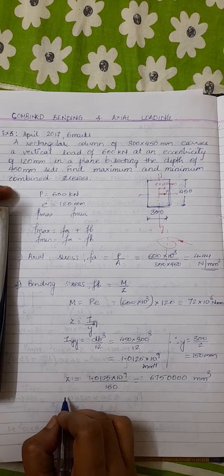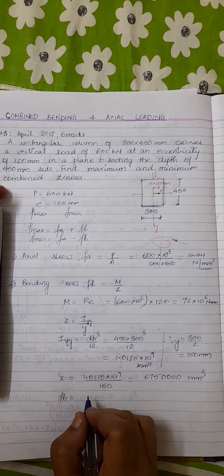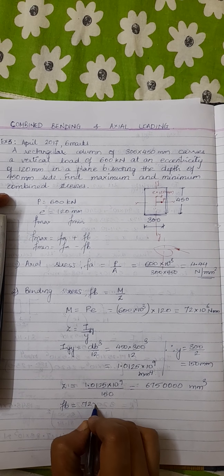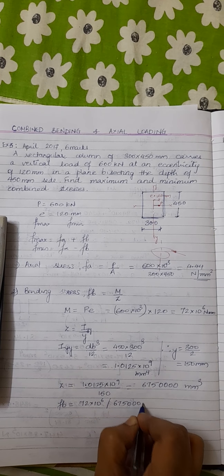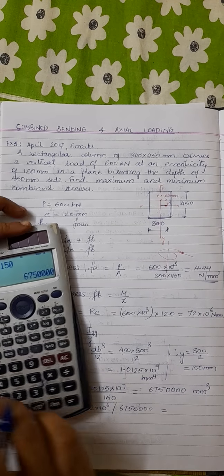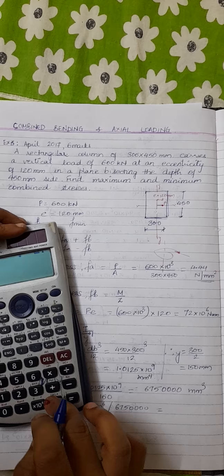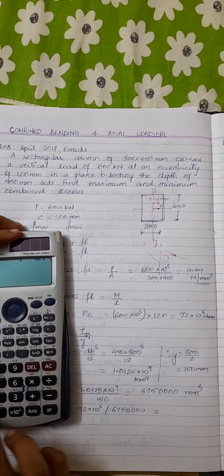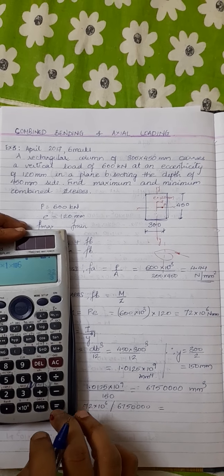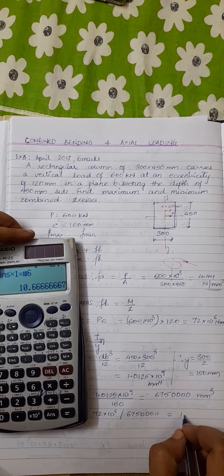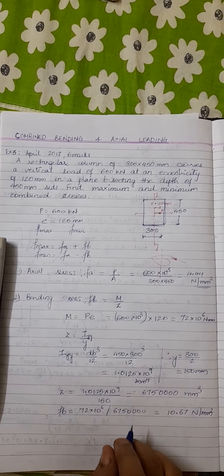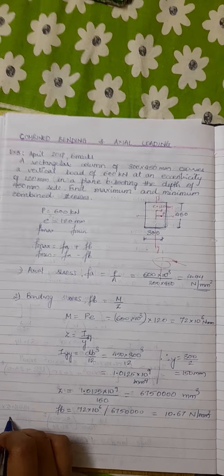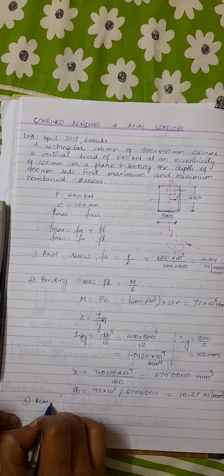So finally bending stress is equal to 72 into 10 raised to 6 divided by 675, so we get 10.67 Newton per millimeter square. This is bending stress.